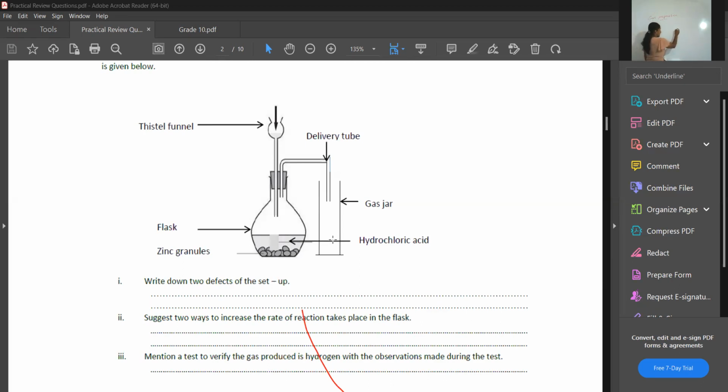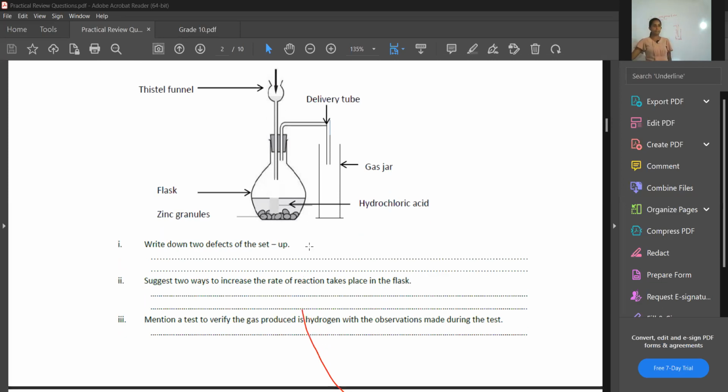If the gas jar is like this, the delivery tube should be up to the bottom level of the gas jar. Otherwise, we cannot collect the hydrogen gas, right? So you have to correct those two mistakes in the experimental setup.